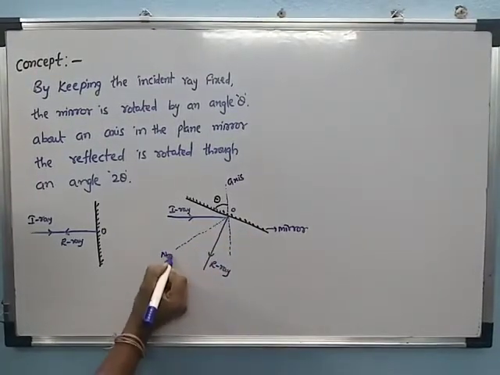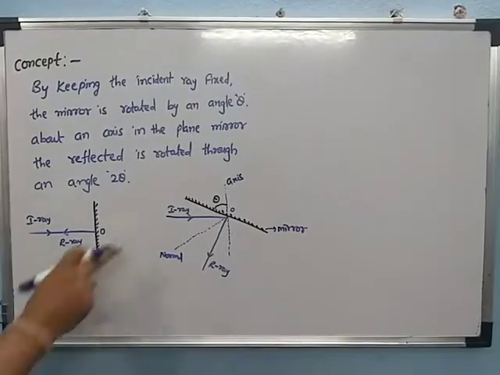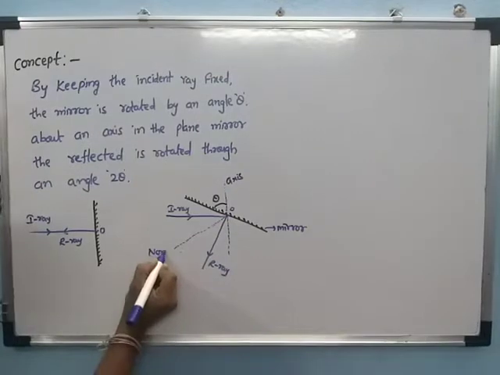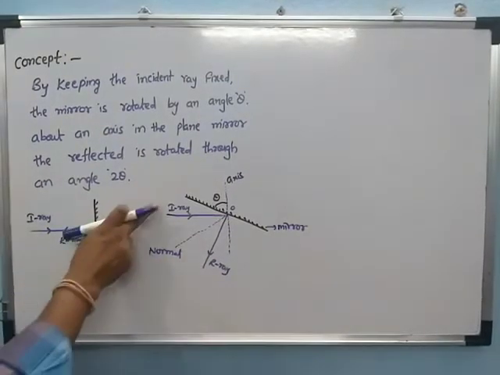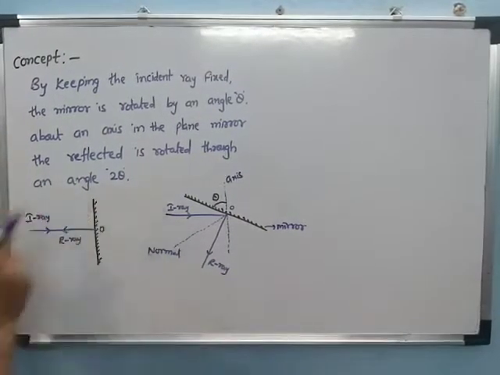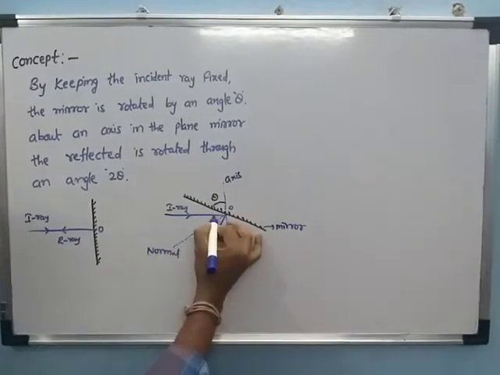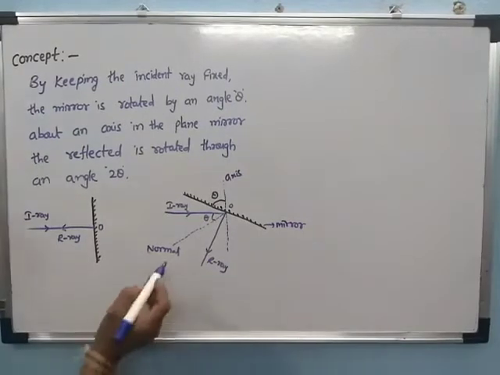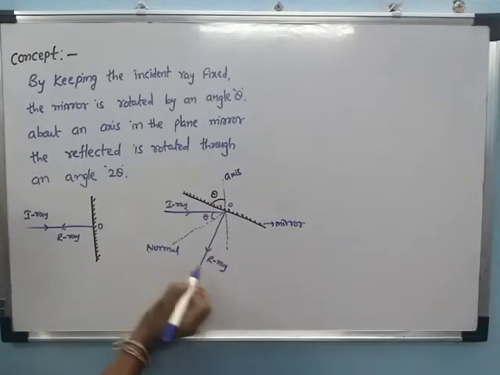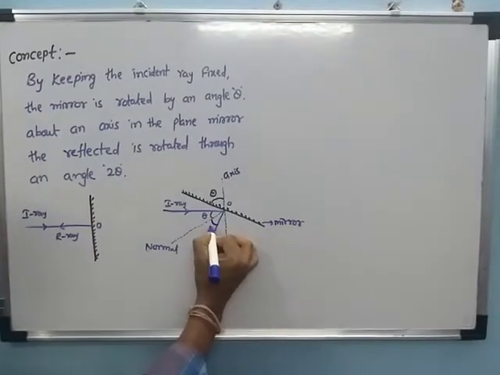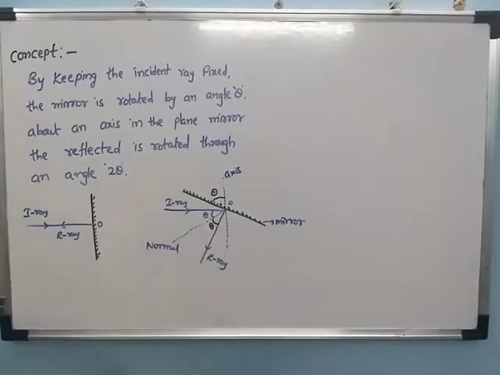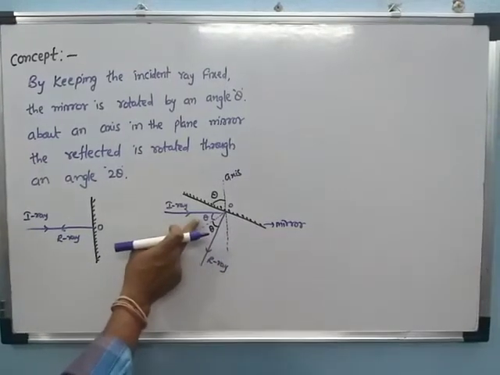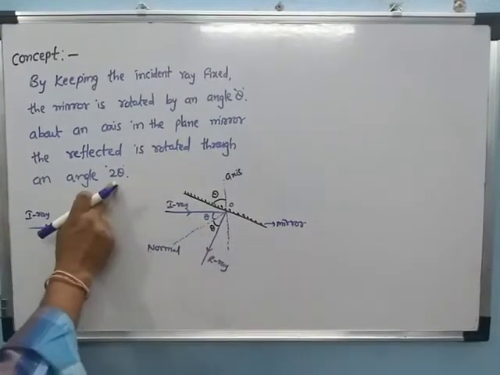The angle made by the incident ray and the normal is called the angle of incidence, theta. At the same time, the angle made by the normal and the reflected ray is called the angle of reflection, theta. The angle of incidence is equal to the angle of reflection. The total angle is theta plus theta, which is equal to 2 theta.